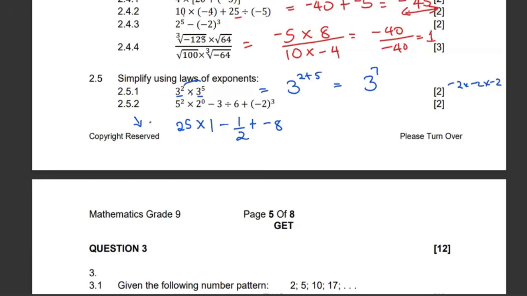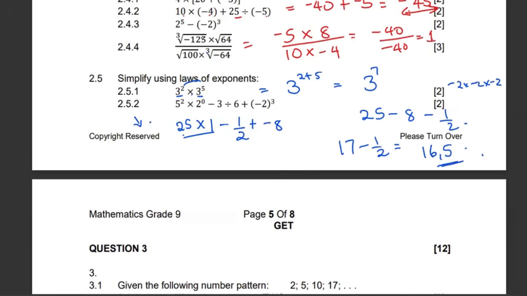So we know that 25 times 1 is going to be a 25. We are subtracting 8, and then we are subtracting a half. So 25 minus 8 gives me a 17. And then 17 minus a half, that gives me a 16.5 as our answer.